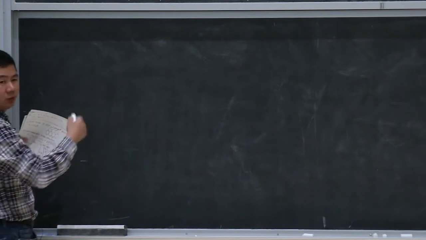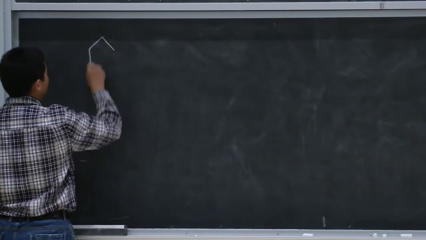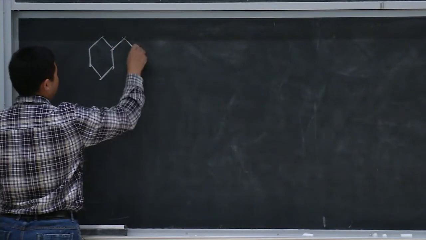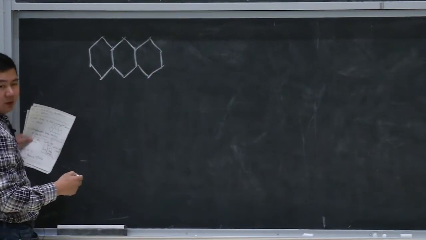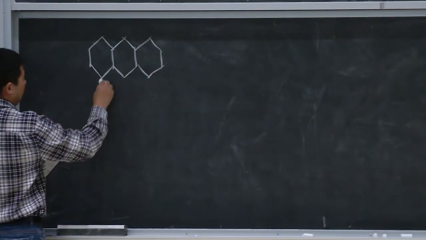Recently, we applied this Majorana algorithm to study quantum spin Hall insulator, or 2D topological insulator, with backward scattering. So imagine we have a 2D topological insulator on the honeycomb lattice, with interactions.